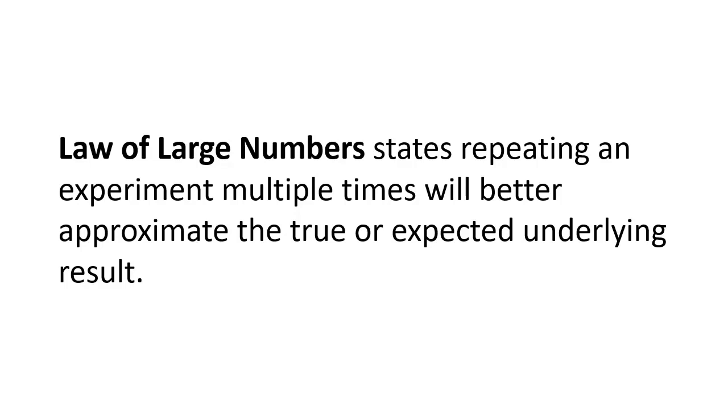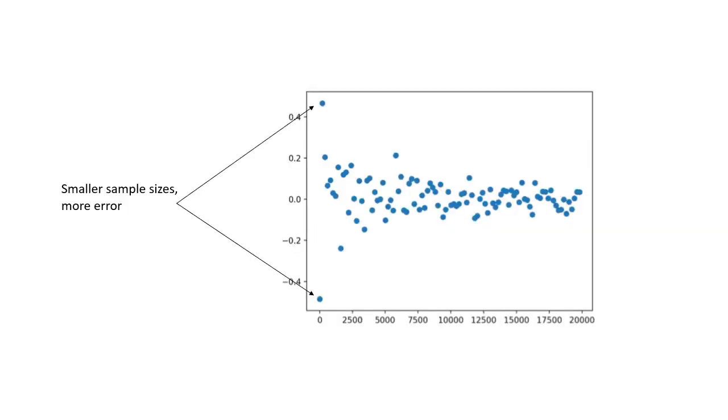The law of large numbers is a theorem from probability and statistics that suggests that the average result from repeating an experiment multiple times will better approximate the true or expected underlying results. You can think of a trial of an experiment as one observation. The standalone or independent repetition of the experiment will perform multiple trials and lead to multiple observations.